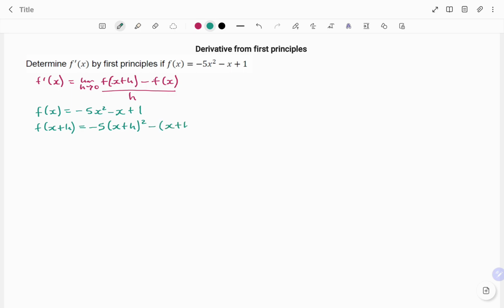I'm going to put that in a bracket, plus 1. If I expand x plus h all squared, that will give us x squared plus 2xh plus h squared, close bracket. I'm going to expand minus x minus h plus 1.